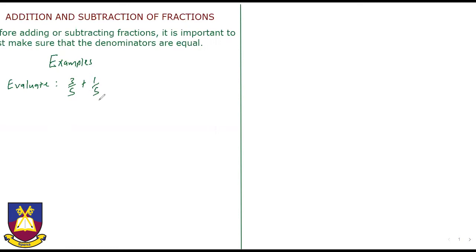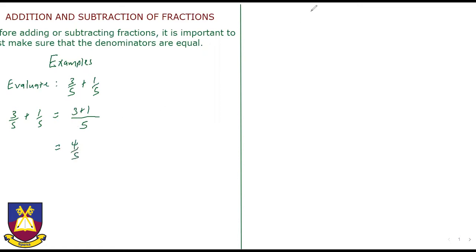These already have the same denominator, and it becomes very easy. 3 out of 5 plus 1 out of 5 will be, just put the 5 down and just add the numerators. If the denominators are the same, just add the numerators. So it's 3 plus 1. So the result is 4 out of 5.